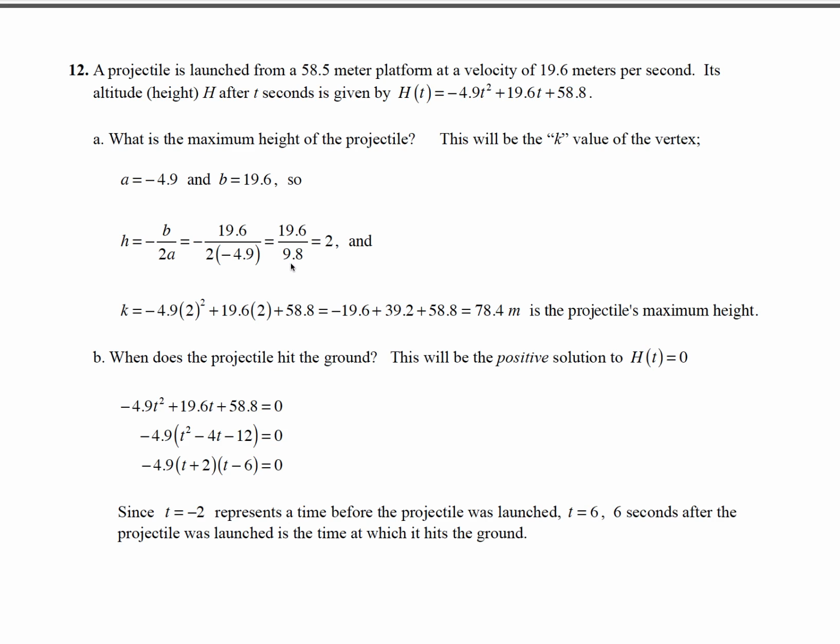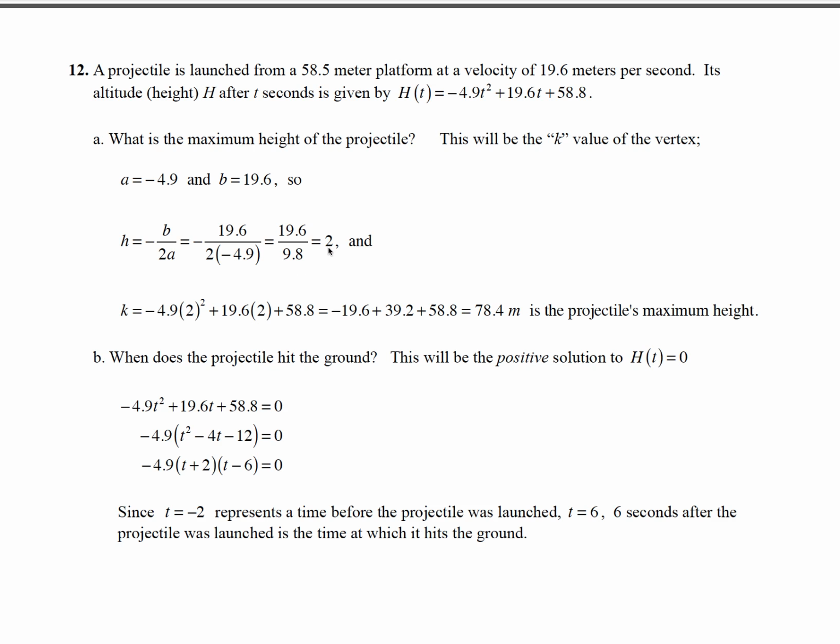So 19.6 over 9.8, and the fact that this was negative, and we have a negative here, those negative ones cancel multiplicatively and give us a positive. And conveniently, when we divide 19.6 by 9.8, we get 2.